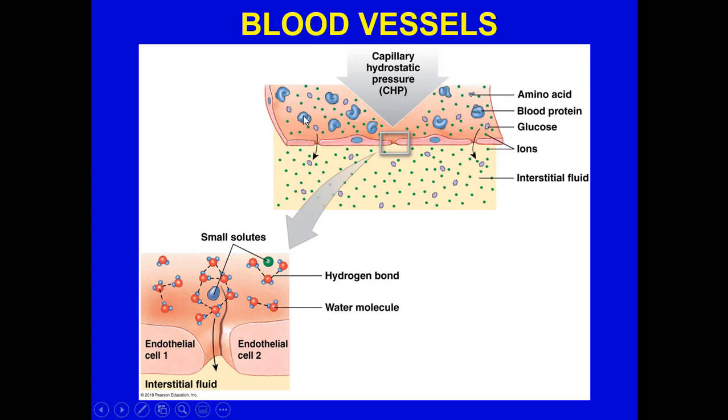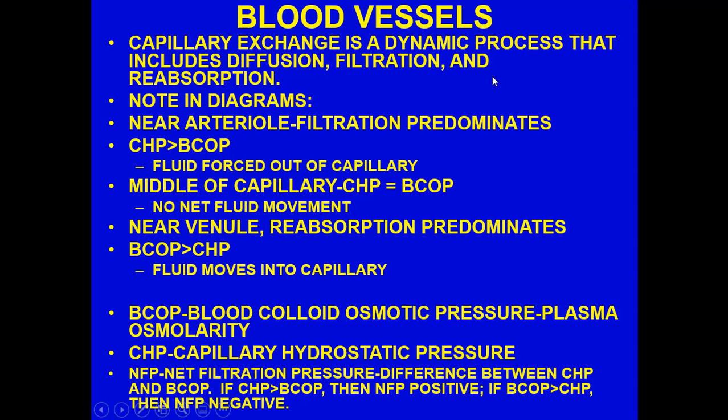Major blood proteins will not. Some amino acids might, or some amino acids will be assisted across by this passage through the endothelial cells. All right? Now, we're going to go through all the pressure changes, etc.